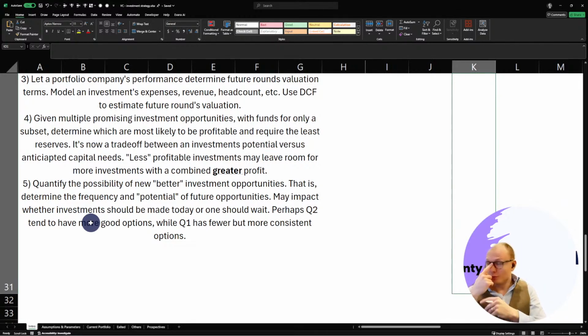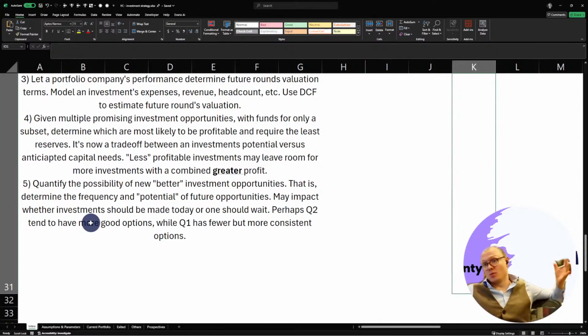We'll see how you could do it, but you can imagine that perhaps we could combine a few data points with some expectations to get an answer such as, Q2 seems to have more better options to invest in, and by that I mean, again, maybe more volatile, but unicorn-like potential investment opportunities, whereas Q1 has fewer but much more consistent options for us to invest in.